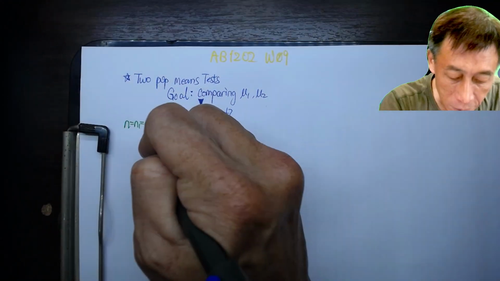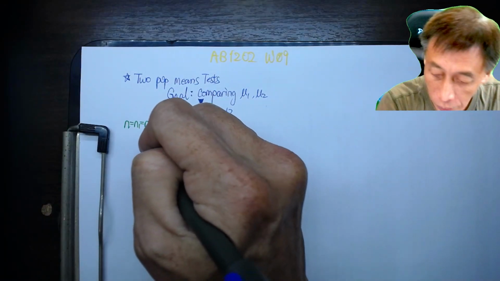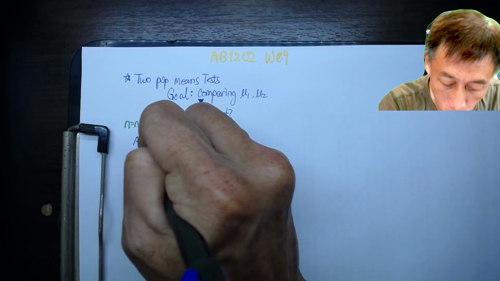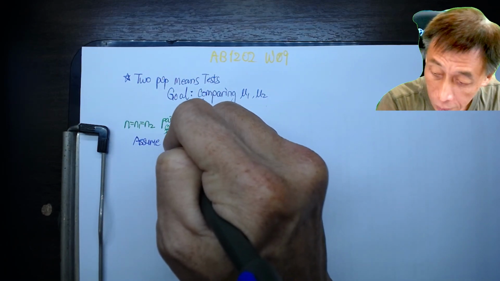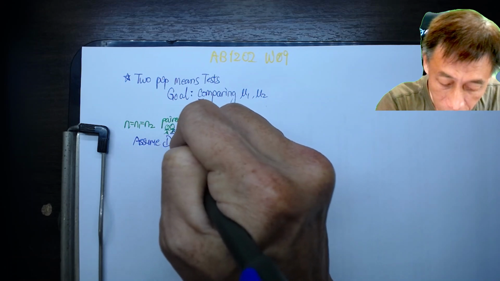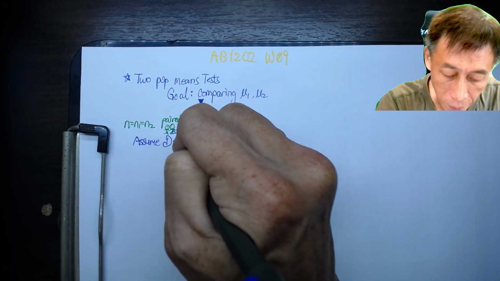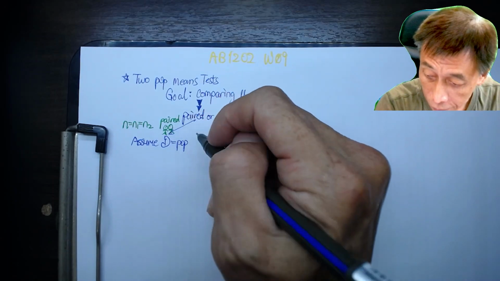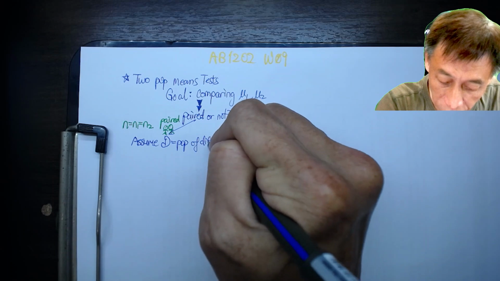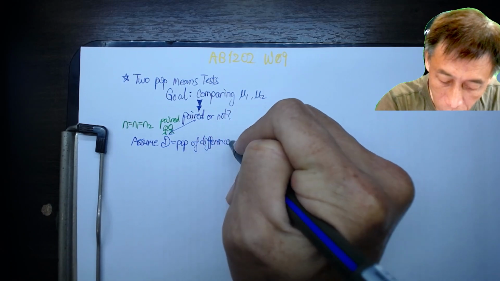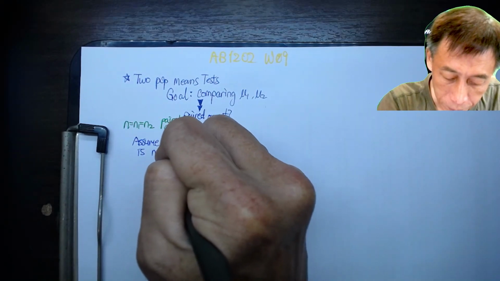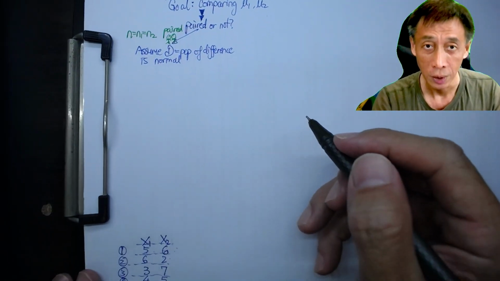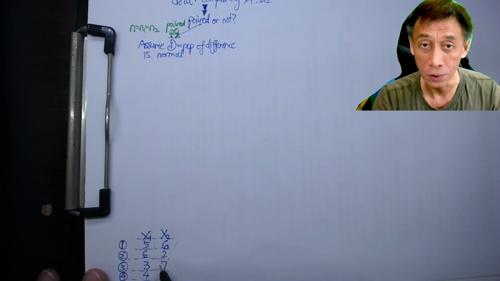After that, what happens? Very simple, right? So what we do is we will assume that D, the population of difference, or the difference population, is normal. In other words, we do all the delta, we do all the subtractions. 5 minus 6, 6 minus 2, and all that.